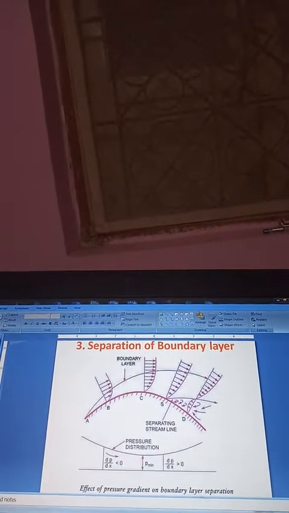So it is quite interesting to study the concept of separation of boundary layer, and whether the separation of boundary layer is useful from the application point of view or it is harmful.